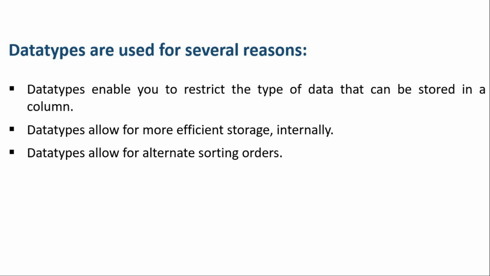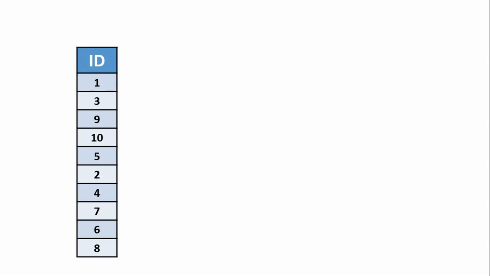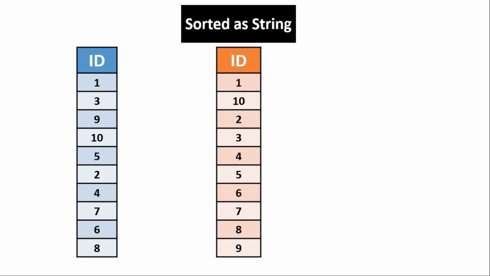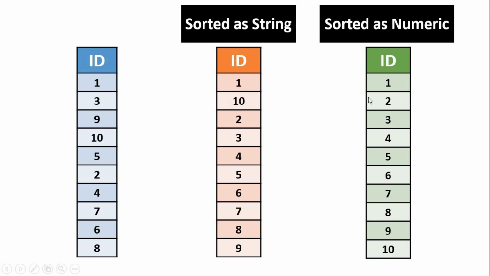So suppose you have stored 1 to 10 numbers as a string, then it will sort something like this, because strings are sorted in dictionary sequence, like one character at a time starting from the left. But if you store these numbers as a numeric data type, then they would be sorted correctly. So guys, data type plays a very important role in SQL.